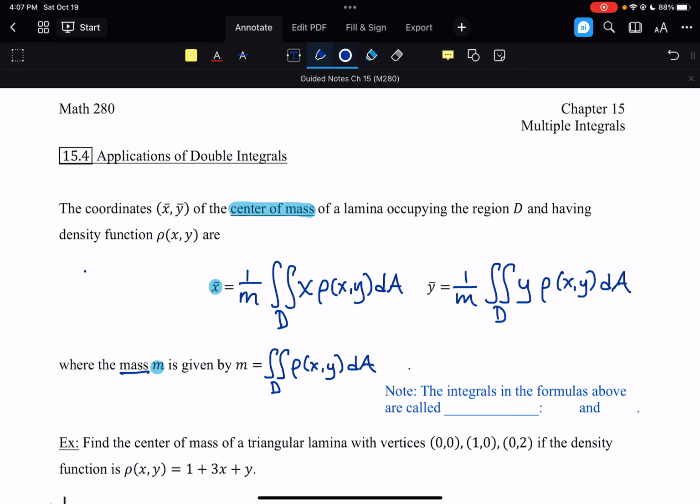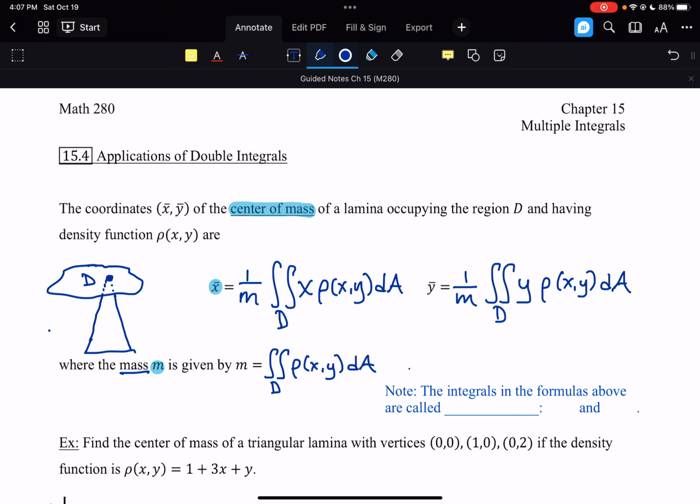Okay, so we have some region D, some flat, thin plate or sheet, and we want to find the center of mass. If we were to take this and try to balance it on a single point, the only point where it would perfectly balance would be its center of mass.